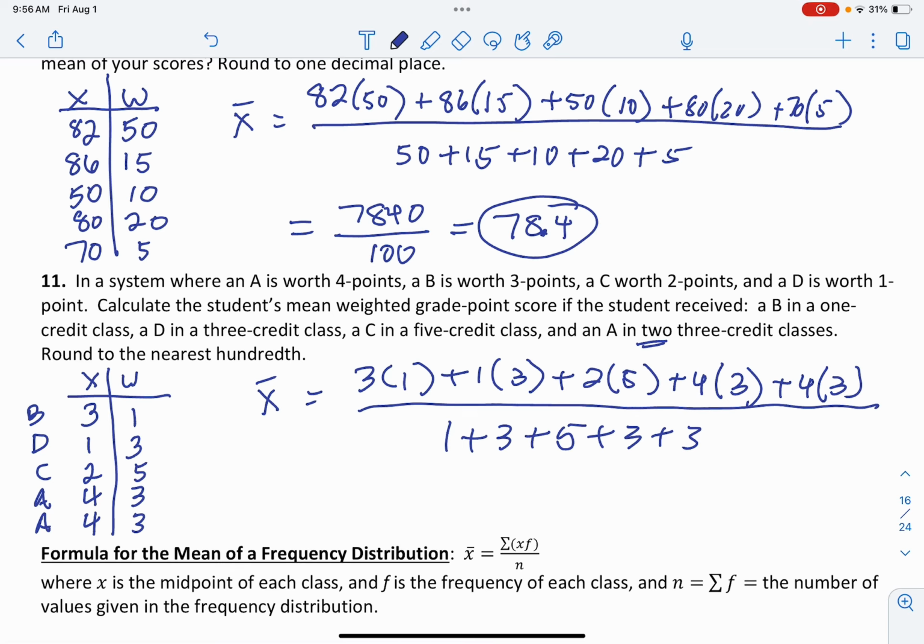Okay, there we go. Do the calculation. 40 divided by 15 is what it works out to be. This one said hundredth. Hundredth is 2 decimal places. 2.67. And that's that. Okay, so those are kind of fun and useful. Those weighted means come up quite a bit. Here's 2 good examples of where you see it in a college.